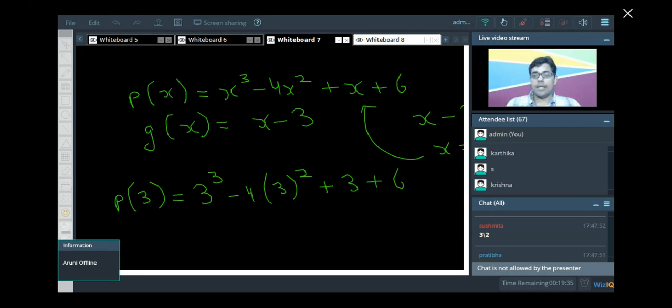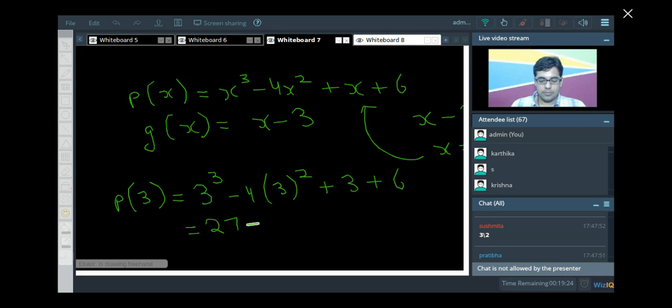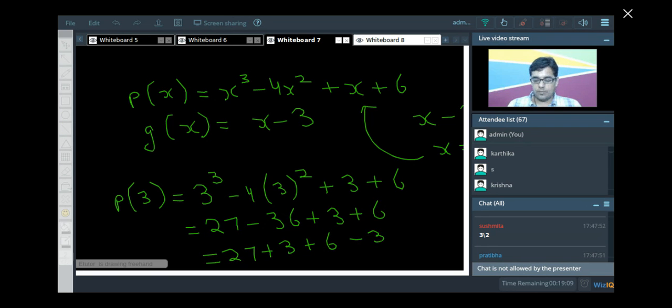Now we can check if it is coming as 0 or not. It will become 27, then minus 4 multiplied by 9, that is minus 36, plus 3 plus 6. Now rearranging the terms, it would become 27 plus 3 plus 6 minus 36. 27 plus 3 plus 6 becomes 36.